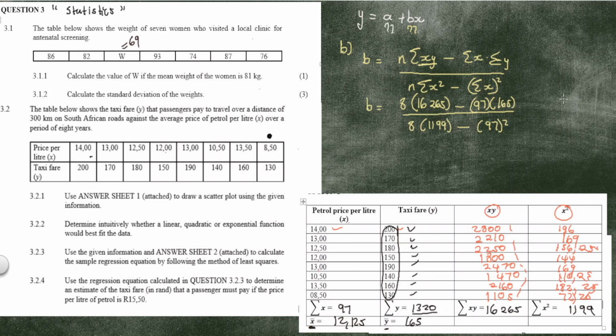Then we'll punch this whole thing onto the calculator again. I just need to make sure whatever I got while practicing, I'm getting the same thing. Multiplied by 165 divided by 8, 1199, close bracket, minus 97 squared. I get 63.